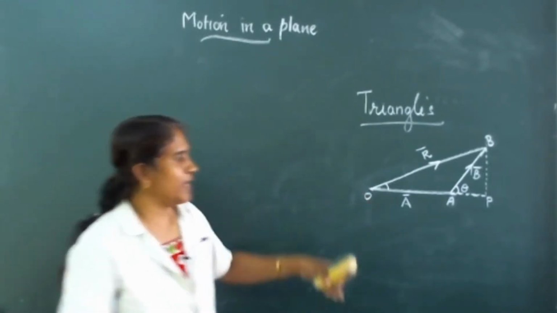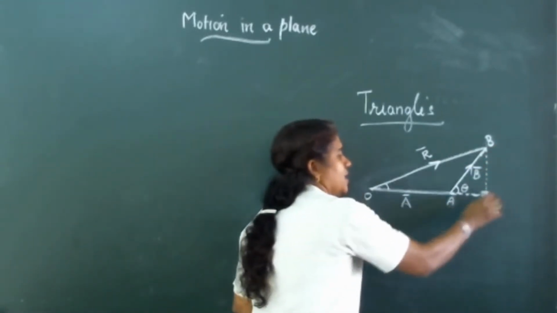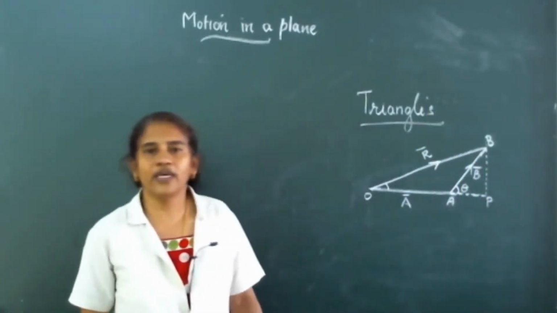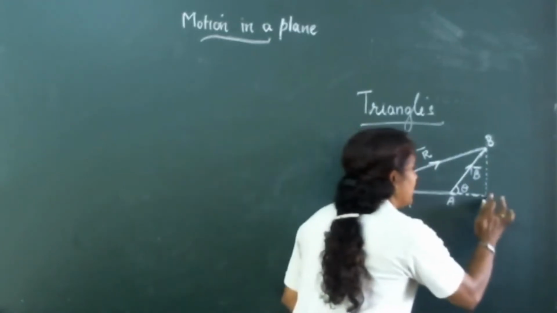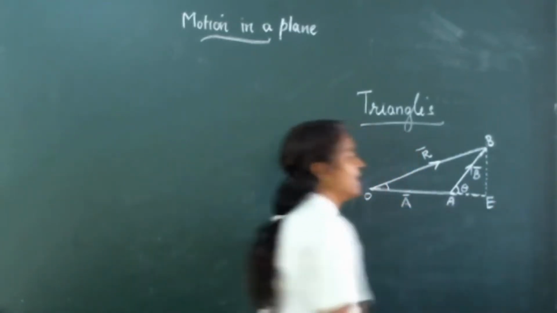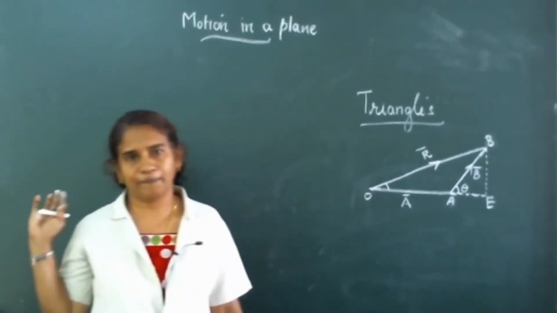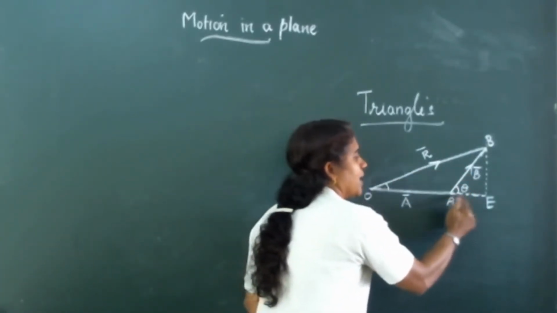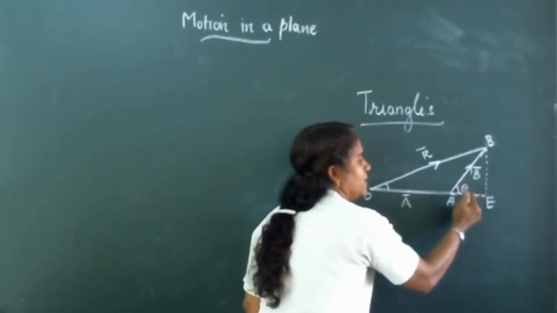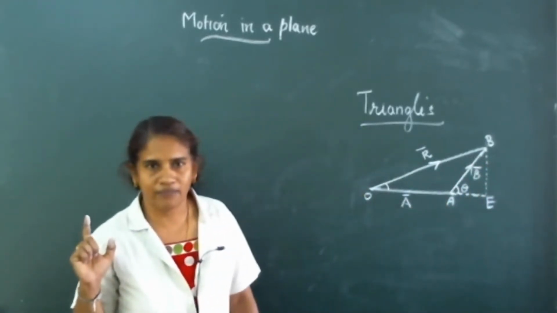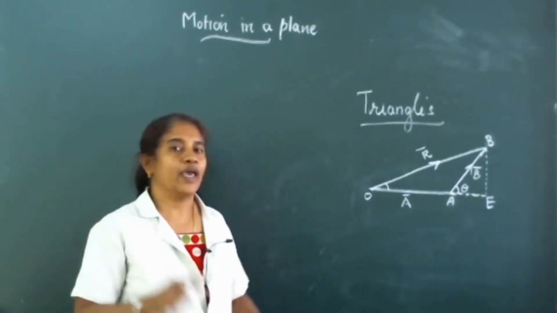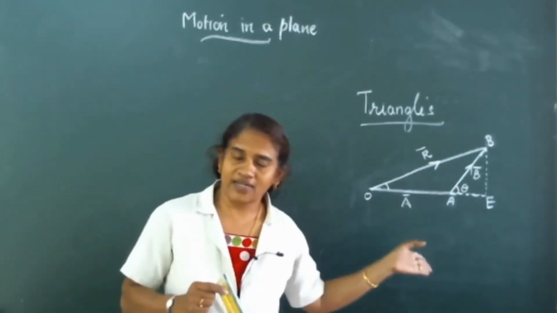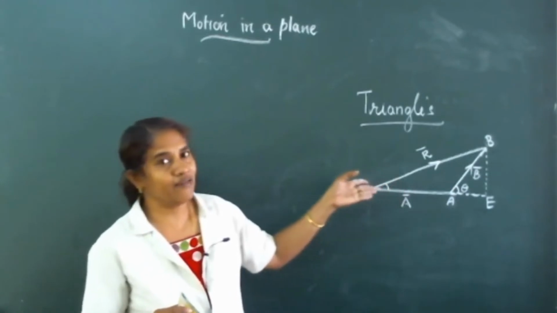In order to complete this as a right angled triangle, we extend the direction of A and get a point, which, to match the diagram exactly as given there, let us call E. The point is E. Now, to show the angle between the direction of vector A and vector B, theta is the angle between them, right? Our aim is to get the value of R. Now, the right angled triangle is here. So, how can we get the value of R?